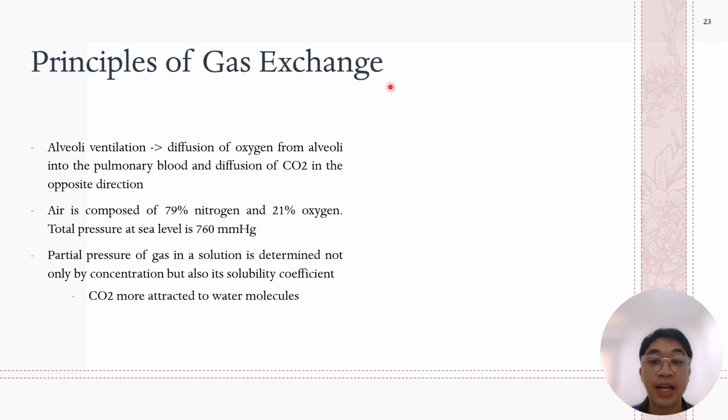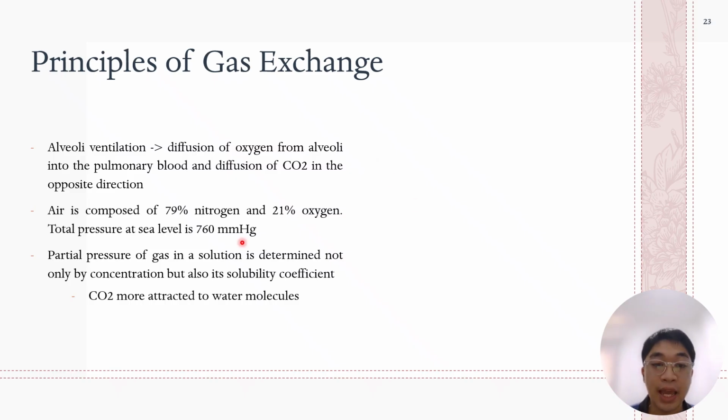Okay, so for gas exchange to happen after the air goes into the alveoli, it needs to go into the pulmonary blood. Oxygen will diffuse from the alveoli into the pulmonary blood, and carbon dioxide will diffuse in the opposite direction.